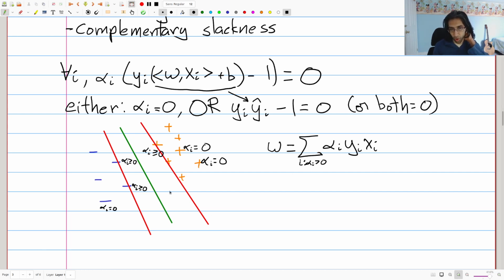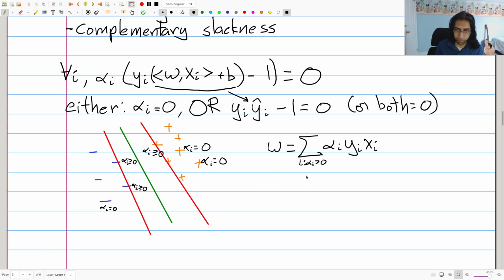So in other words, while we might have a very big data set with n elements, in fact, the number of points which lie on this margin is often and likely going to be much, much smaller. And the really beautiful thing is the fact that we can write the optimal solution to this optimization problem of the SVM as a linear combination of these points which lie on the margin, and maybe even fewer than them.